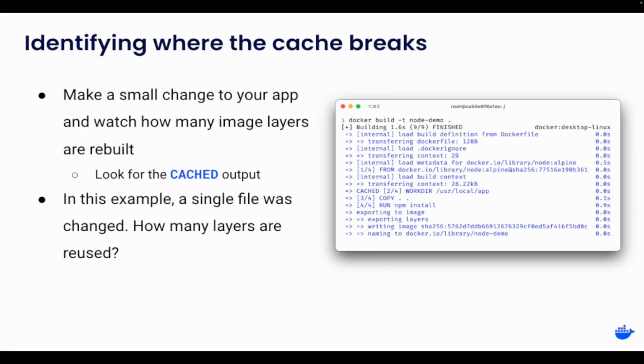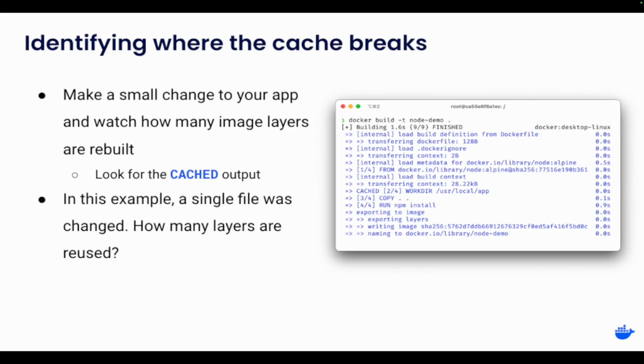Okay, so the first thing to look at is really trying to understand, where does the cache break? One way of doing this is simply to run the build and look at the output. So we can see here in this example on the right, if we look through the lines here, we'll see a cached 204 working directory. That means that step was cached. It was not actually executed.